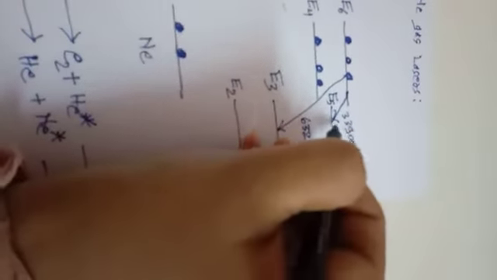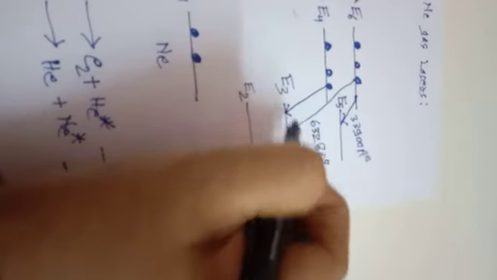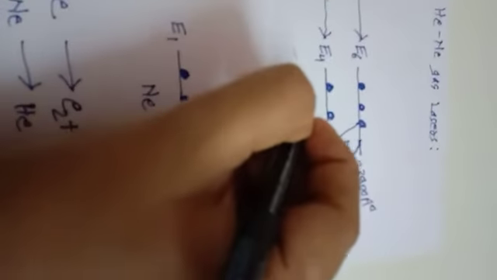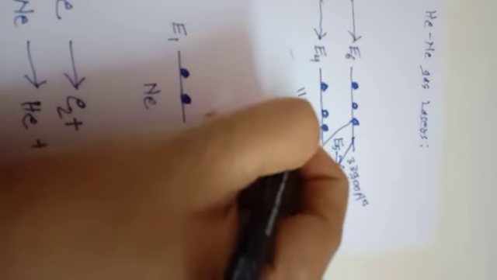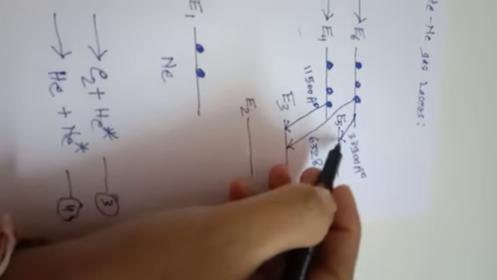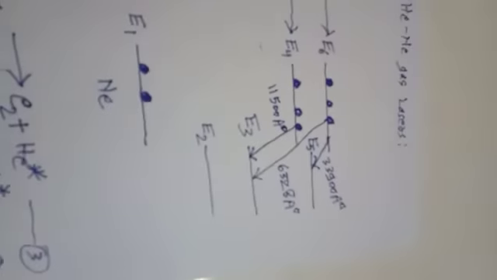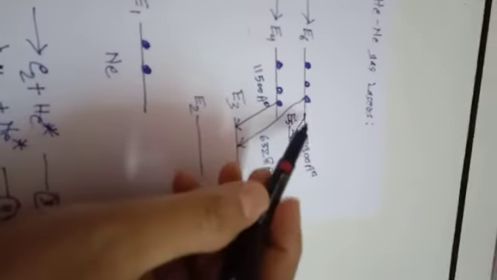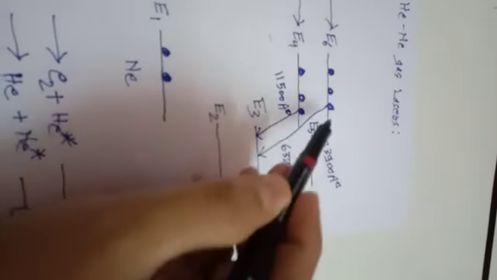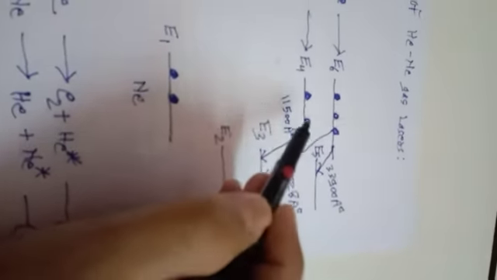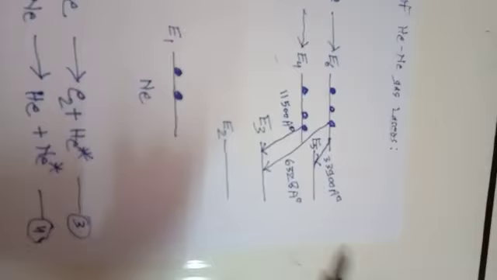Further, the atoms present at E4 will make a transition to E3 energy level, again with laser emission of 11,500 angstrom. So these are the three important transitions which take place in the HeNe laser: the first E6 to E5, second E6 to E3, and third E4 to E3.